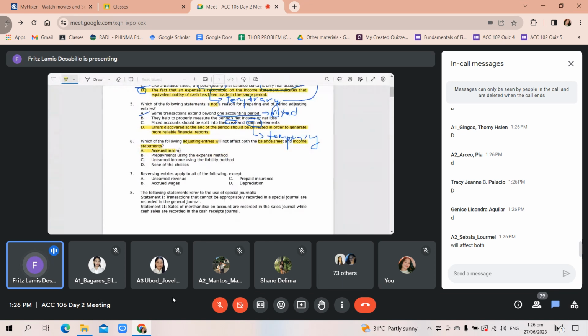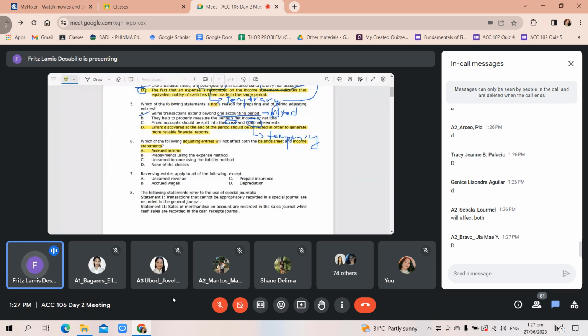So kani accrued income, di ba naatay mag-record tag income and mag-record ta og receivable. Letter B, prepayments using the expense method, mag-debit ta og prepayment, credit ta og expense. Unearned income using the liability method.